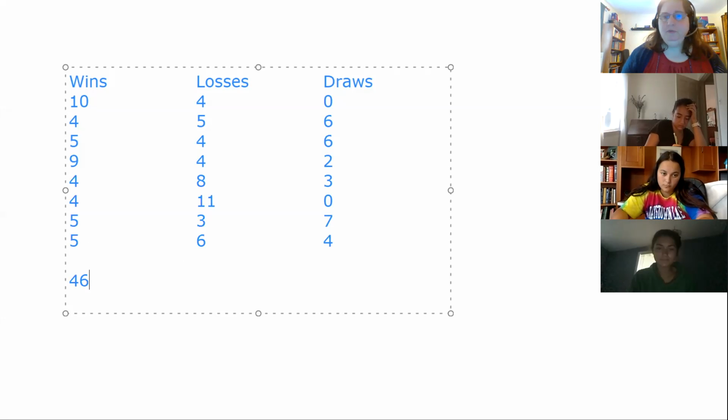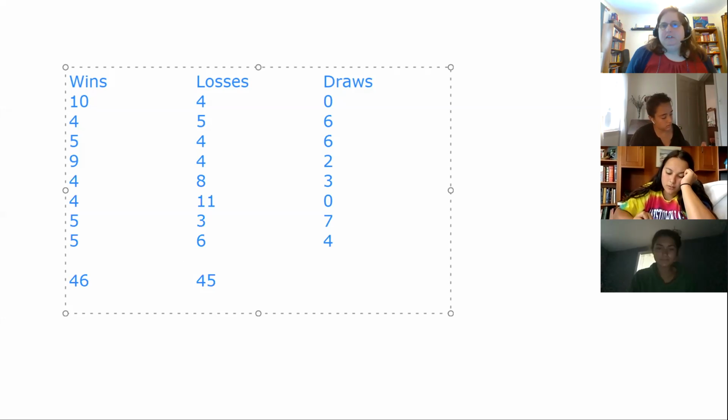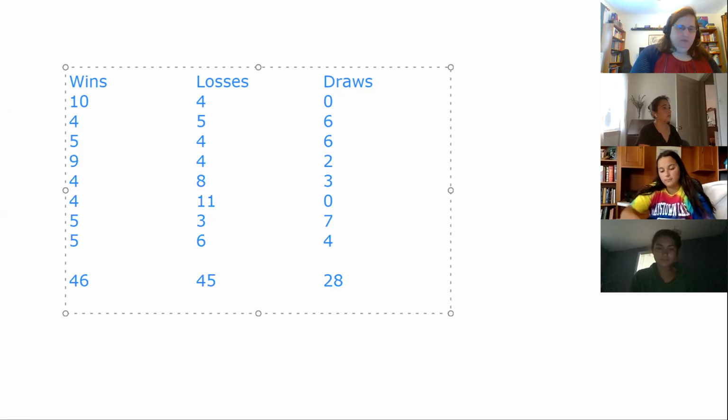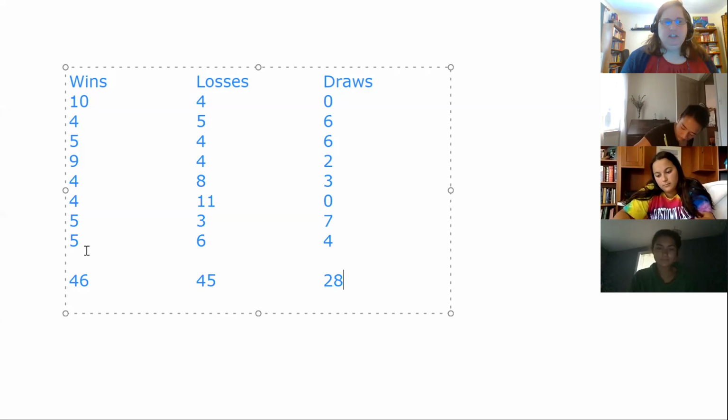Would you mind repeating what the losses was again? 45. 45, thank you. And did anyone get the draws yet? 28. 28? Perfect, sounds good. Okay, thanks. So for our grand total then we have 46 plus 45 plus 28, which is 119.